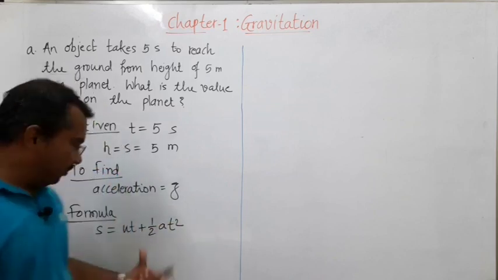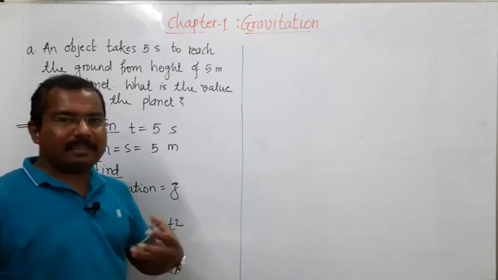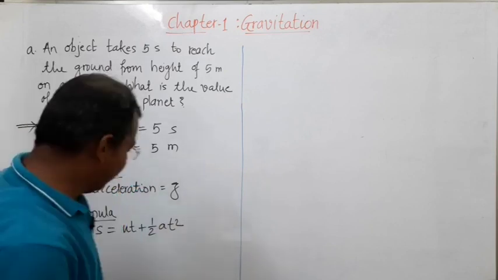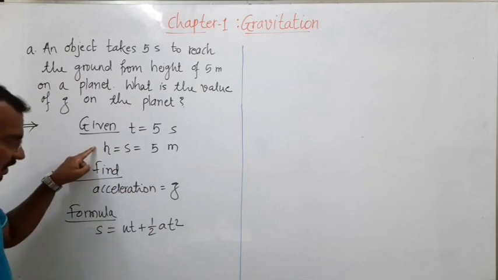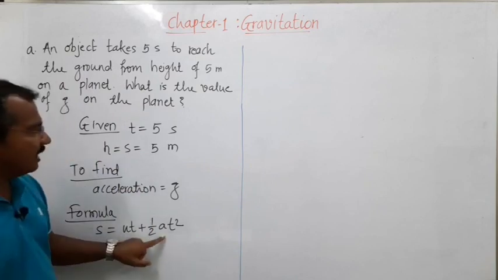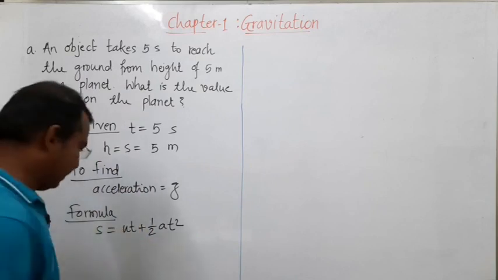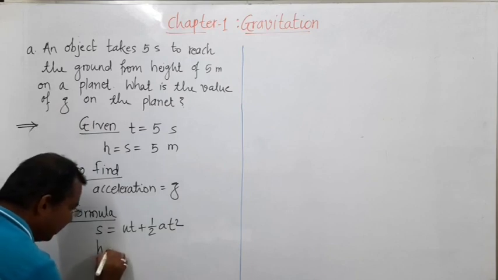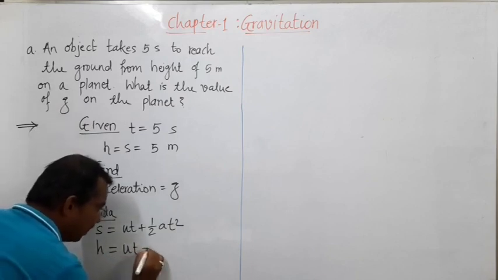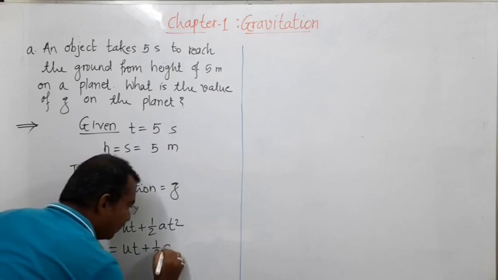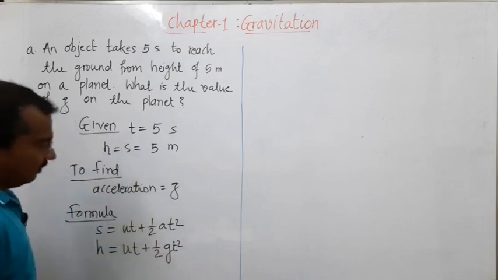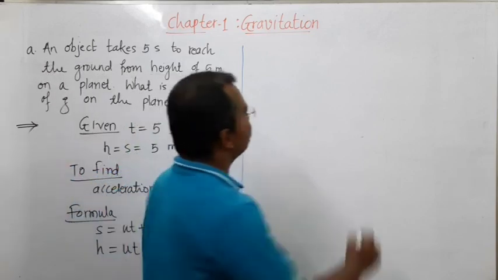In this formula, let's make some rearrangements. s is equal to h, I will put, and a is equal to g, that is the acceleration. So this will become h = ut + 1/2 gt^2. I'll write the calculations here.